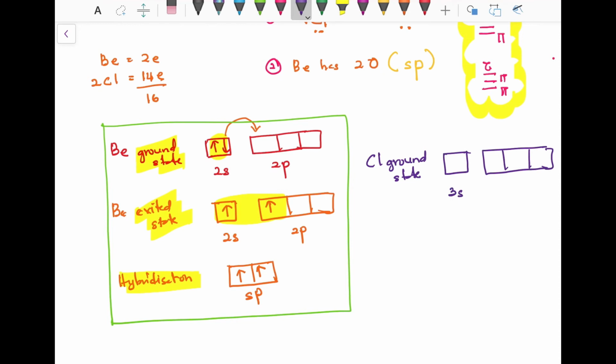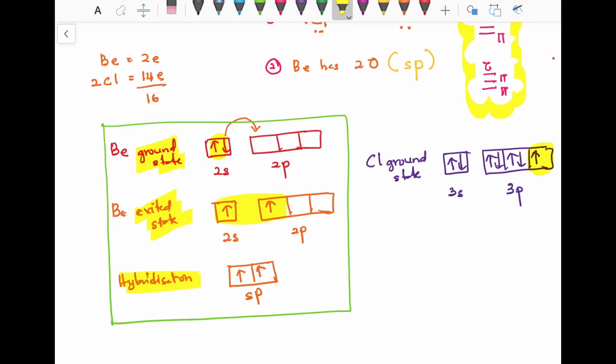Later we will look at multiple bonds. 3s, 3p. If we look at chlorine, we have 3 full orbitals, and we only have 1 available orbital for overlapping because it only has 1 electron.